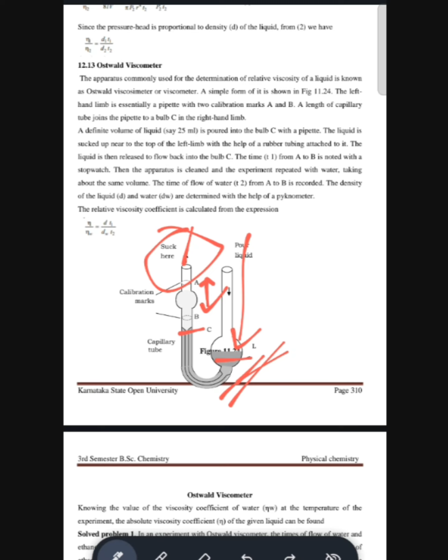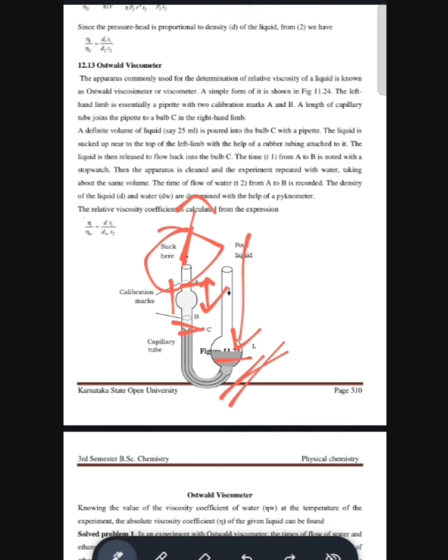Taking about the same volume of water, we suck it from the A end and measure the time from A to B, the calibrated marks, that is, in how much time it passes from A to B. It will not flow suddenly, because the radius of this tube is very small, so the flow rate will be very low depending on the viscosity of the liquid.